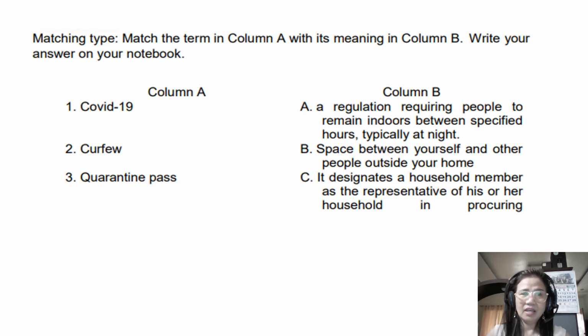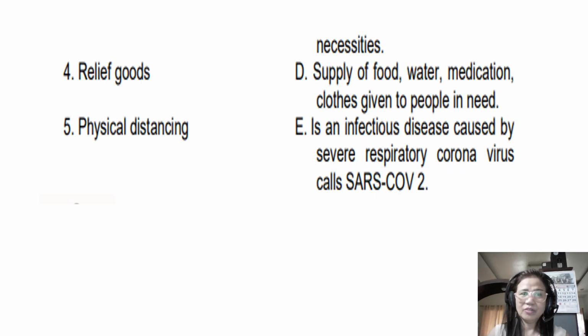So this is column A and column B. I'll give you some time to read, class. All right, next. So this is 4 and 5. So these are the choices. I'll give you some time to read and answer them on your notebook.